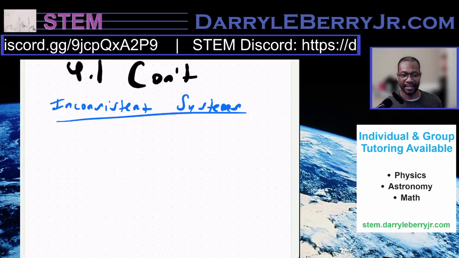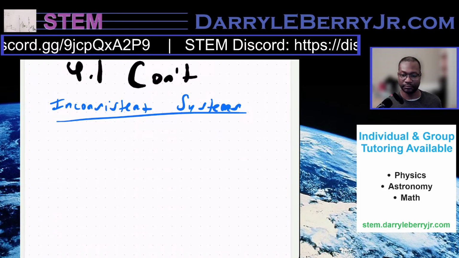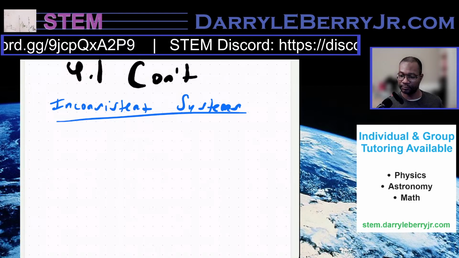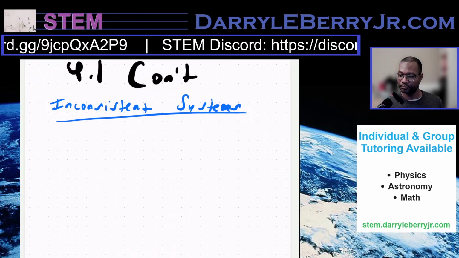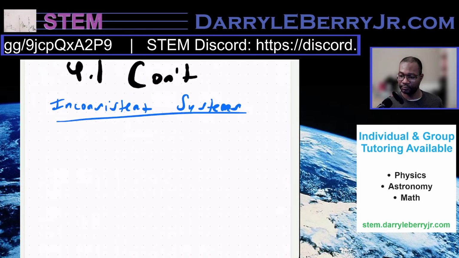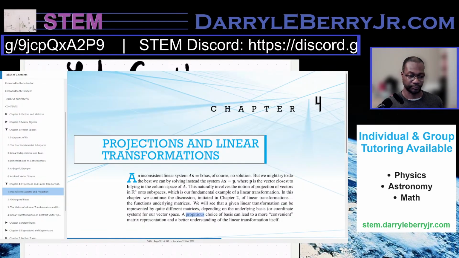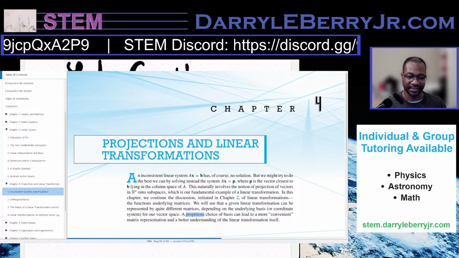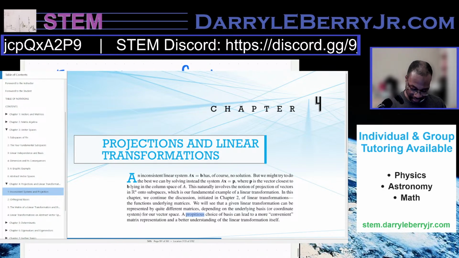All right, so let's see what we have. It says projections and linear transformations. An inconsistent linear system has, of course, no solution.